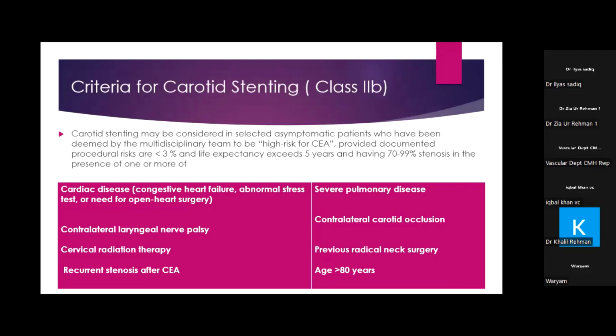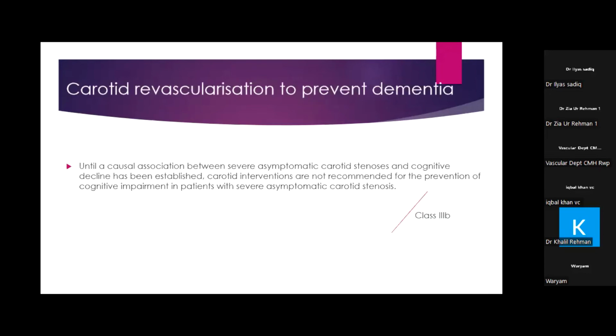Second, contralateral laryngeal nerve palsy, cervical radiation therapy, recurrent stenosis after carotid endarterectomy, severe pulmonary disease, contralateral carotid occlusion, previous radical neck surgery, and if the patient's age is more than 80 years.